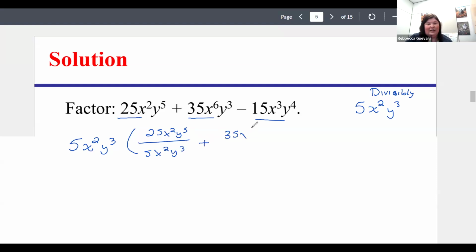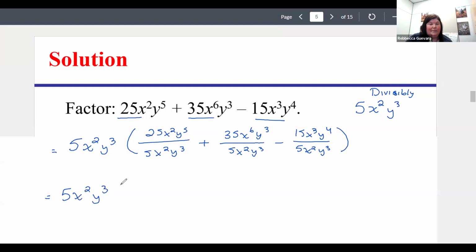And we have 35x to the 6th y cubed, dividing that by 5x squared y cubed. Then I have 15x cubed y to the 4th, and I'm dividing that by 5x squared y cubed. Once I do that, 25 divided by 5 leaves me with 5.